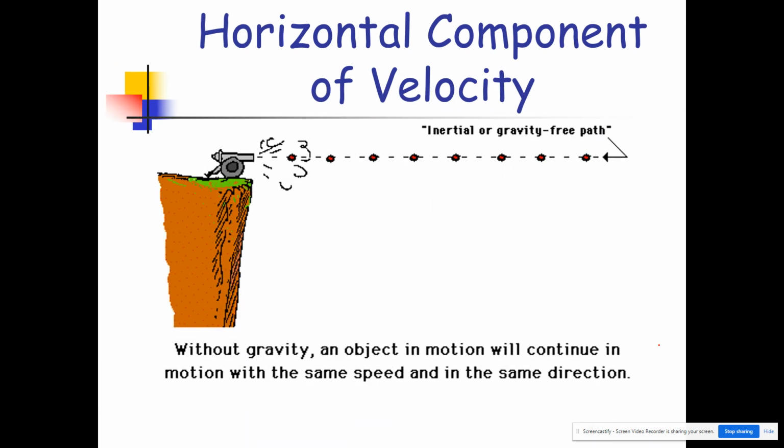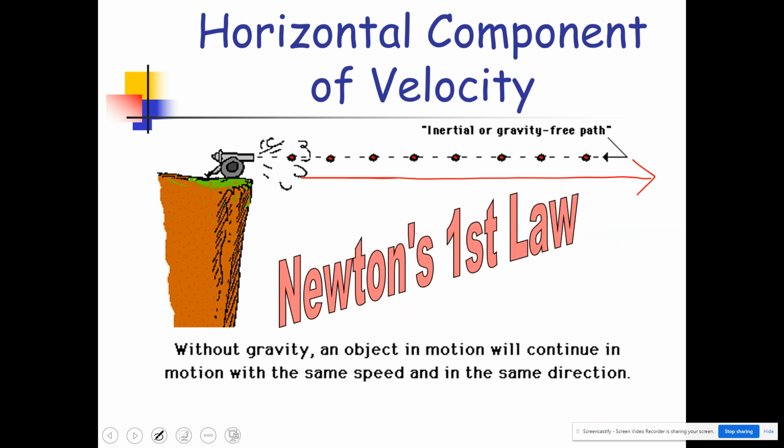Okay, let's break that up into the two pieces. What do I mean by the horizontal component? Well, if we imagine a cannonball being fired, you know that the cannonball is shot in a certain direction, straight like this. That would be the horizontal component. And the horizontal component follows Newton's laws. Newton's very first law says that an object in motion stays in motion unless an outside force acts on it.